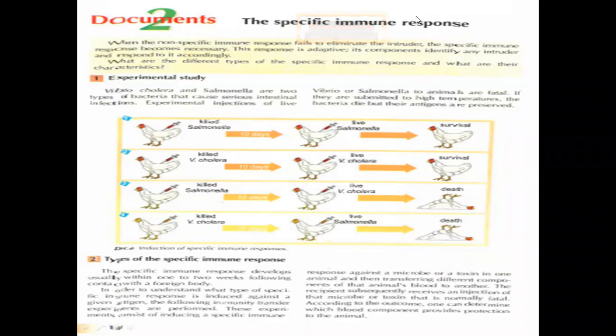What do you think? Is the added serum providing the protection against a specific toxin? So what does this mean? This means which type of lymphocyte, B or T? If I say serum. Great. What do you think? B lymphocyte.